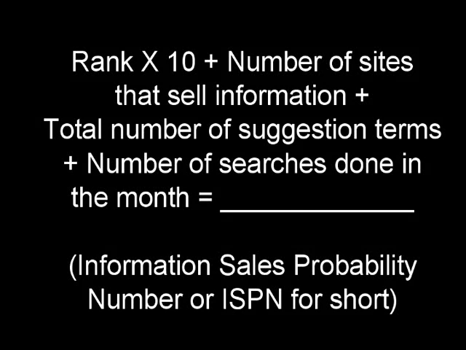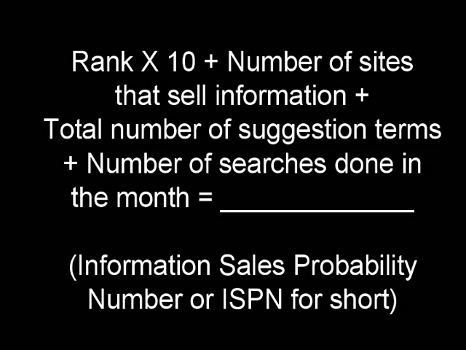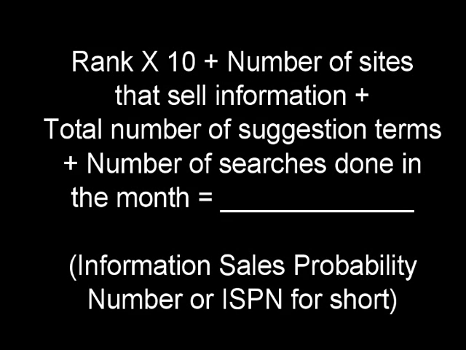And I call it the ISPN number, which stands for Information Sales Probability Number, and of course it's ISPN for short. Now what you want to do, you want to take the rank of the topic times 10, plus the number of sites that sell information from the research that you got on the internet research forum, plus the total number of suggestion terms from the keyword research, plus the number of searches done in the month, which is also from the keyword research.